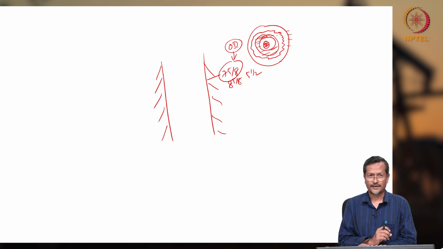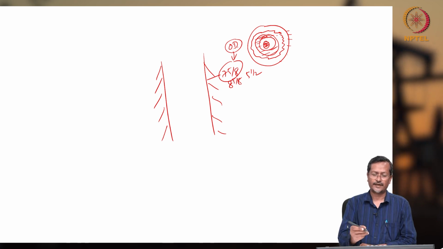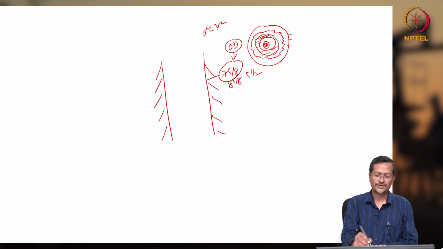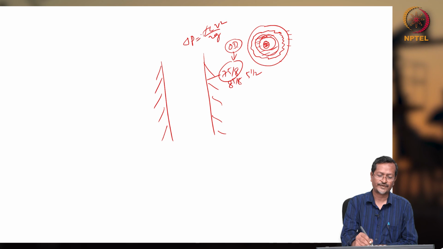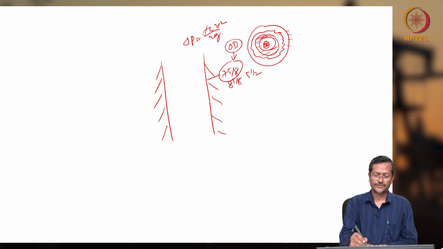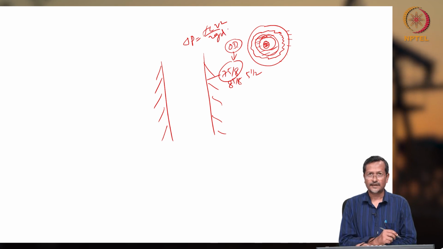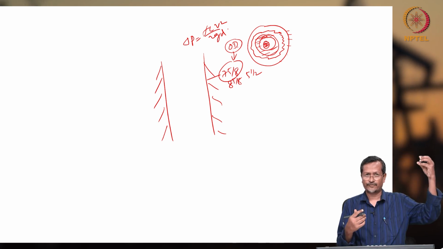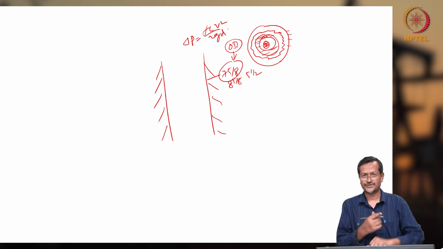And if you are using a very narrow tubing diameter, then your pipe friction drop will be very high. I already explained, you can remember, ΔP = f L V² / 2 g D, where f is the friction factor, L is the length of the pipe, and V is the fluid velocity. So the pressure drop will be very high, and the pump will require a very high amount of electricity.